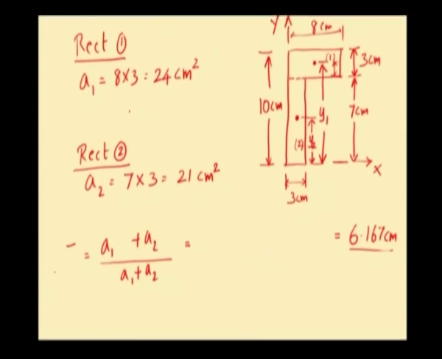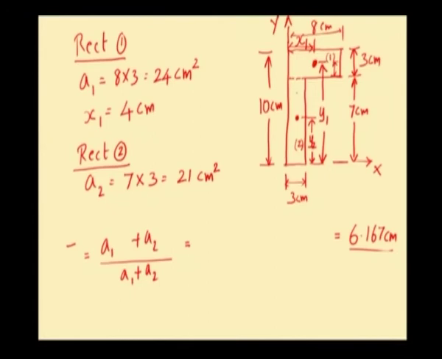Now, we shall calculate the value of x bar. This is rectangle 1, its center of gravity is here. Distance of center of gravity of rectangle 1 from y axis will be denoted as x1. So, distance x1 will be 8 divided by 2, which will be 4 centimeter.